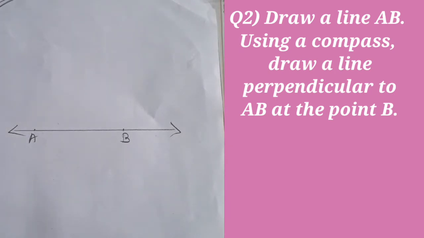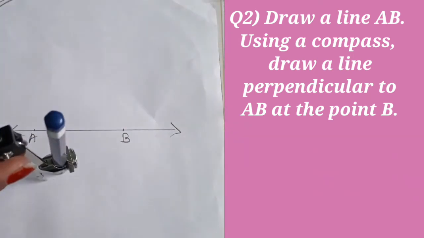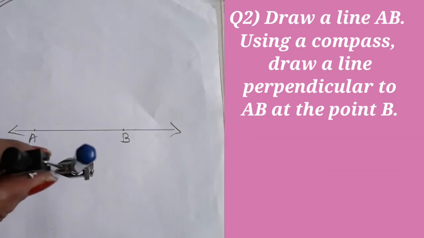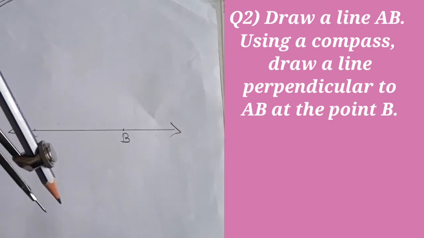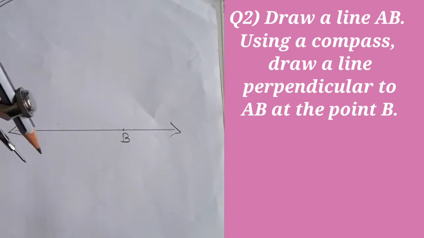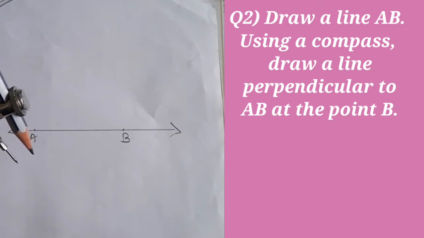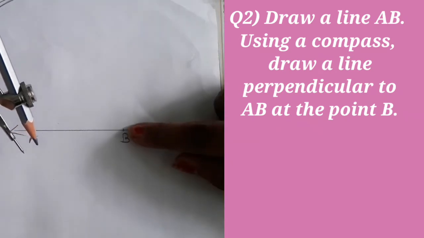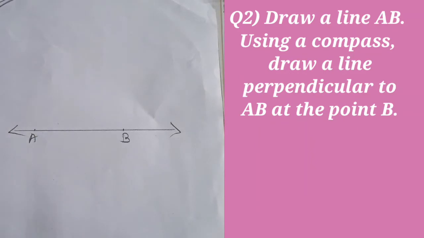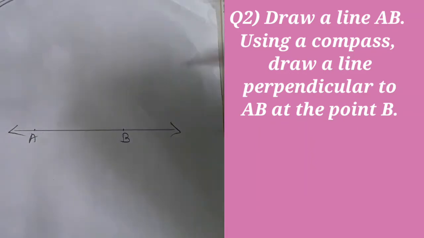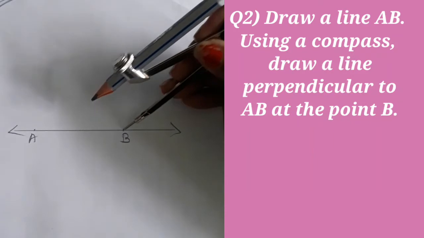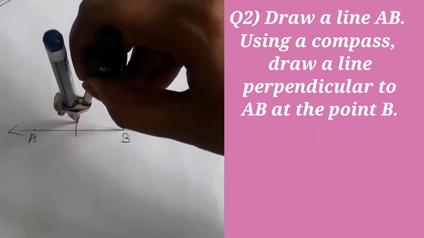Now take a compass, put the pencil, it should be equal. Using this compass, we have to make a perpendicular line to AB at the point B. So here we will keep the compass pointer on B and make an arc.